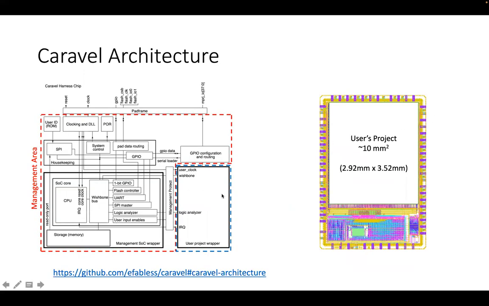And this is another view of the Caravel architecture. The area highlighted in red is the management area, and the area highlighted in blue is the user project wrapper or user project area. At the beginning, I guess you do not have to overwhelm yourself with each single detail of the Caravel architecture.